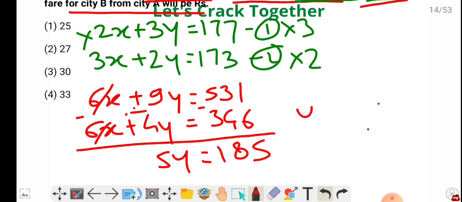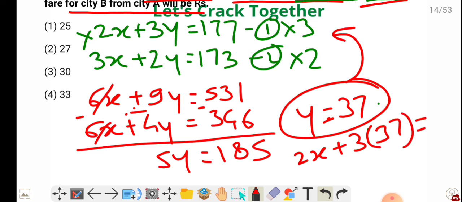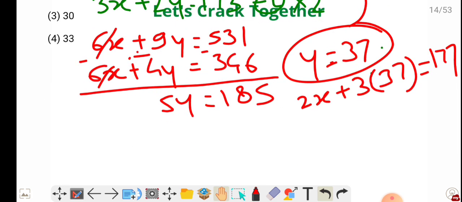Now after putting this y into equation 1 or 2, what is here? 2x plus 3 into 37 is equal to 177. Now x will be 33.